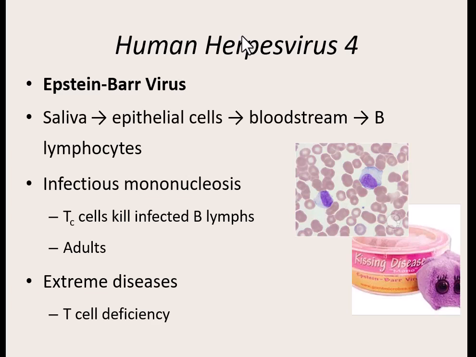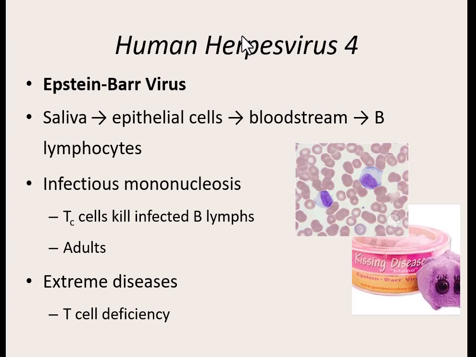The next herpes virus that maybe you guys have had at some point in your life, or you've probably known someone that's had it, is the human herpes virus 4, also known as the Epstein-Barr virus. This is a virus that affects the immune system, and it is spread via saliva.